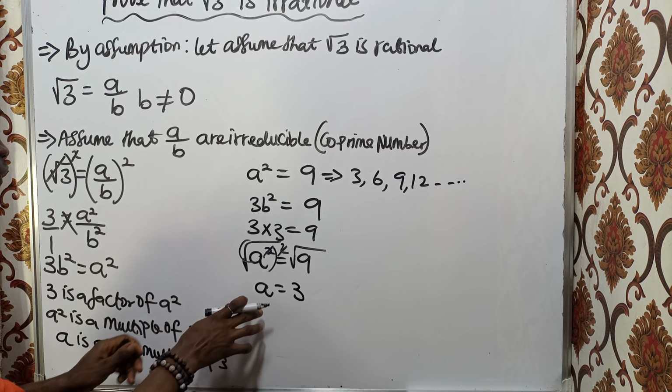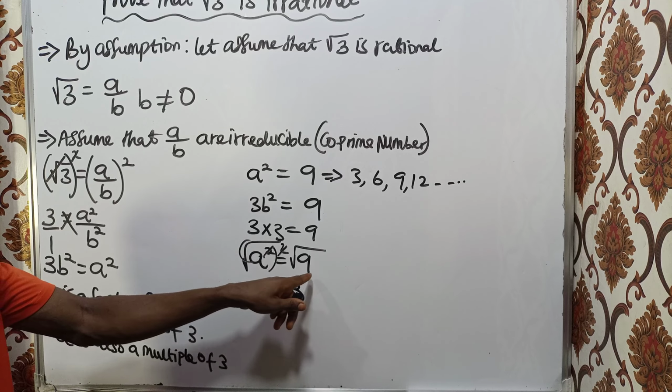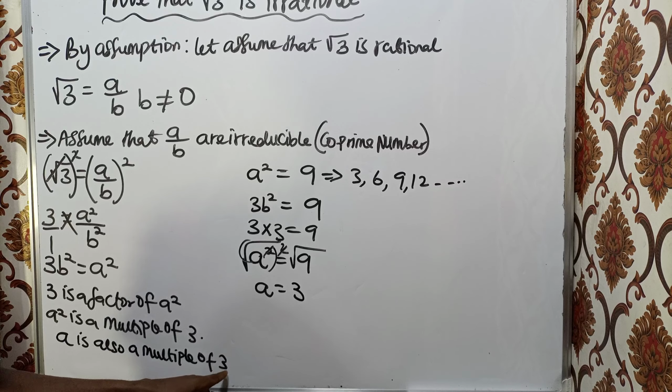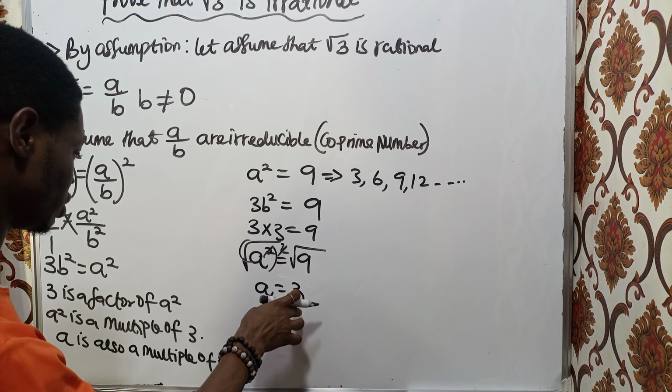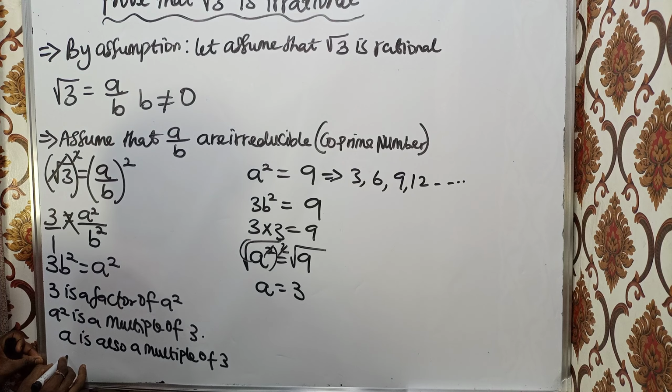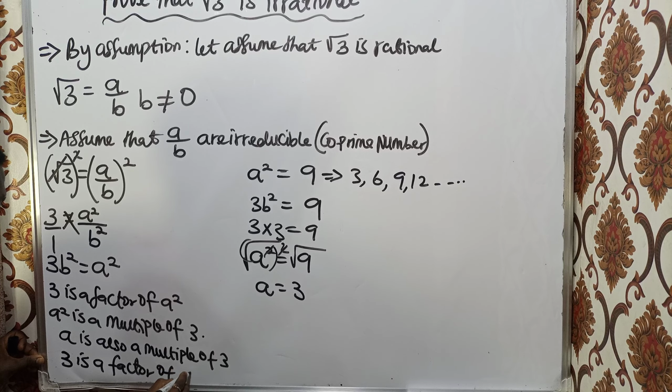Understand? So if A squared is a multiple of 3, A squared is equal to 9. So A is equal to 3. So it means that 3 is a factor of A.